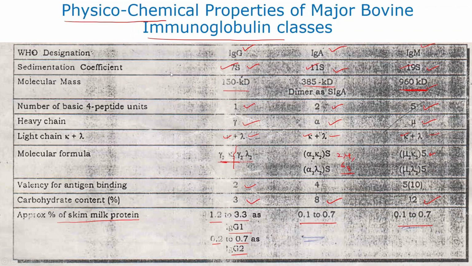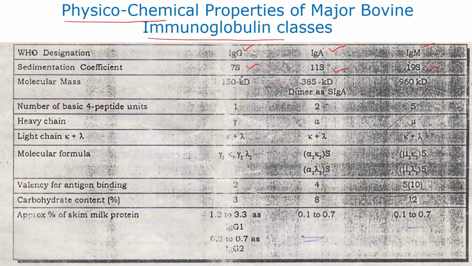A particle of higher size will sediment at a faster rate, which is obvious, whereas a particle of lower size will sediment at a lower rate. So 19S means that IgM has the highest molecular weight, around 960 kilodalton among the three, so it has a higher sedimentation constant, whereas IgG has a lower molecular mass, 150 kilodalton, so it has a lower sedimentation coefficient.